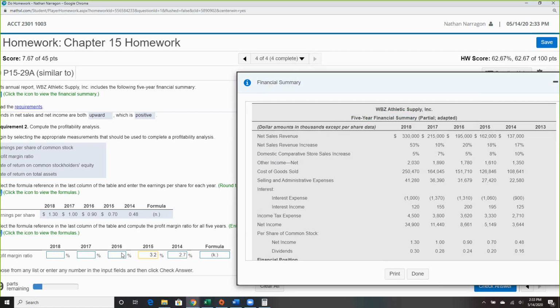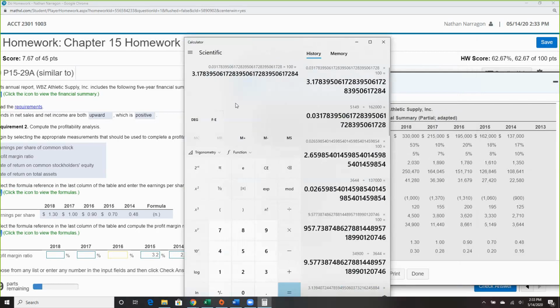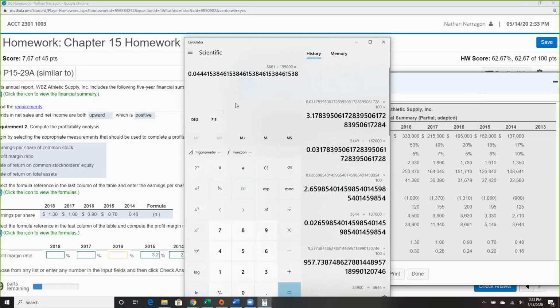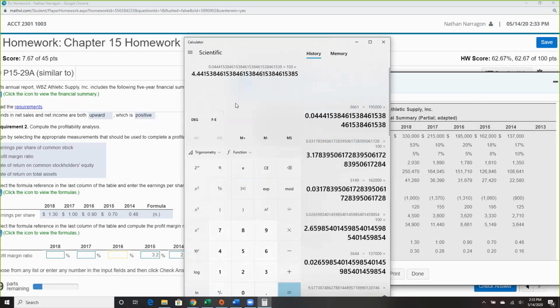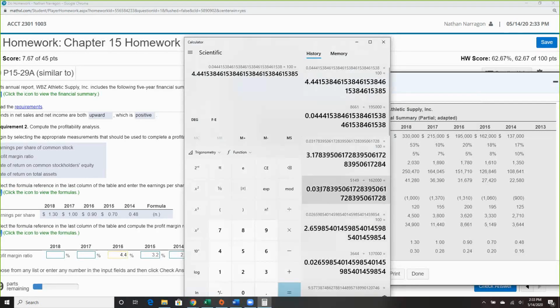We should see a good trend of it going higher each year, just like up above. 8661 divided by 1.5. 4.4. 17.